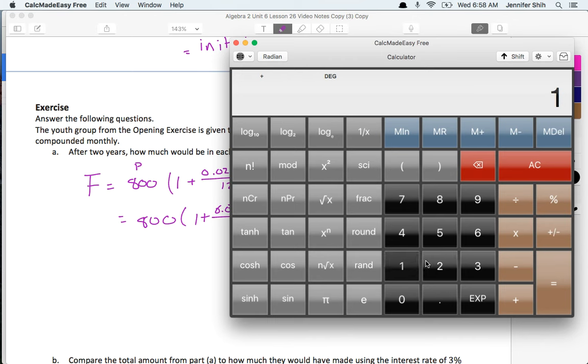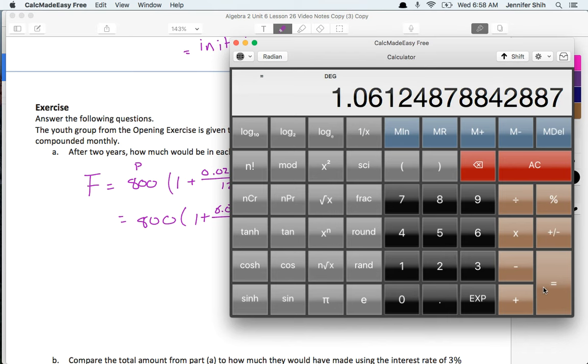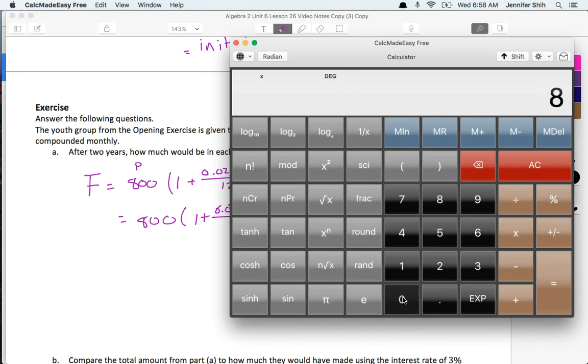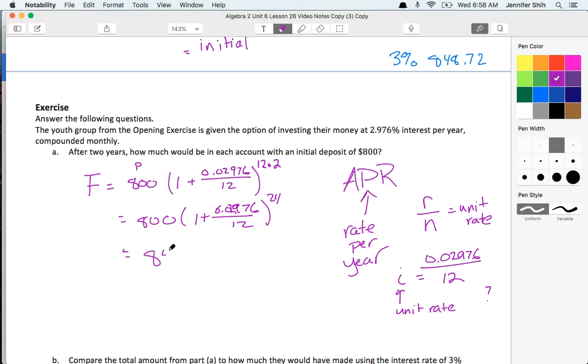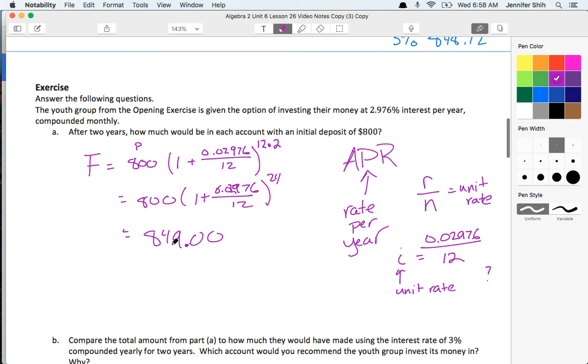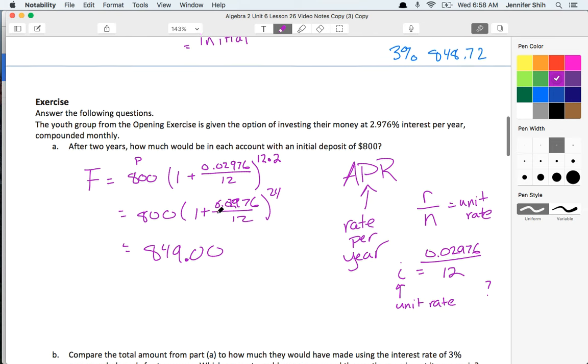Plus 1, raised to the 24th power, and then times my principal. So I just did my order of operations. So then I got $849. So if I compounded monthly, I get $849.